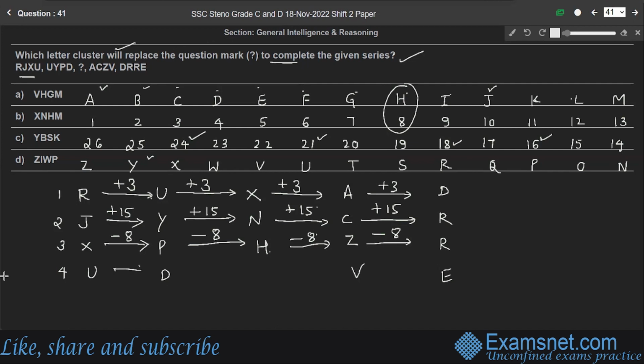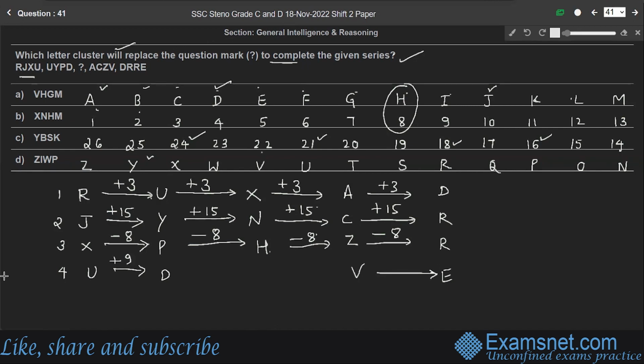And finally, we are considering fourth letters. Relation between U and D. U is 21, D is 4, right? So 1, 2, 3, 4, 5, 6, 7, 8, 9: 21 plus 9 is D. And we'll consider the last letters in the last cluster.